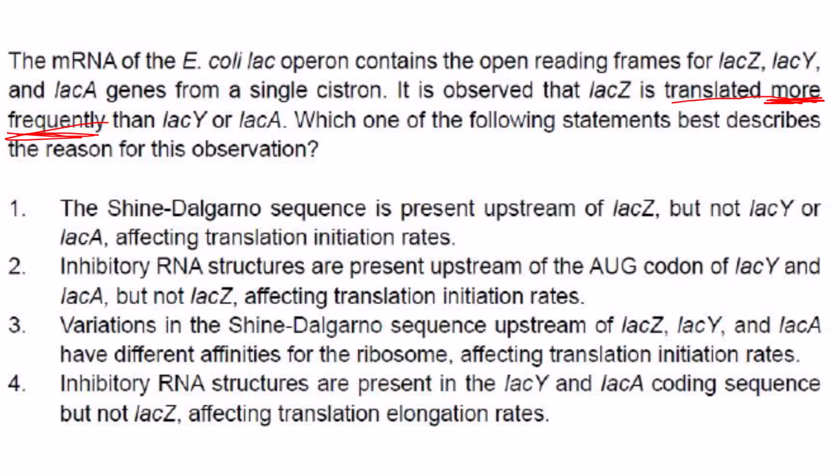They are also translated, but lac Z is translated more. So the concentration of the lac Z protein, that is your beta-galactosidase, is more than that of Y and A.